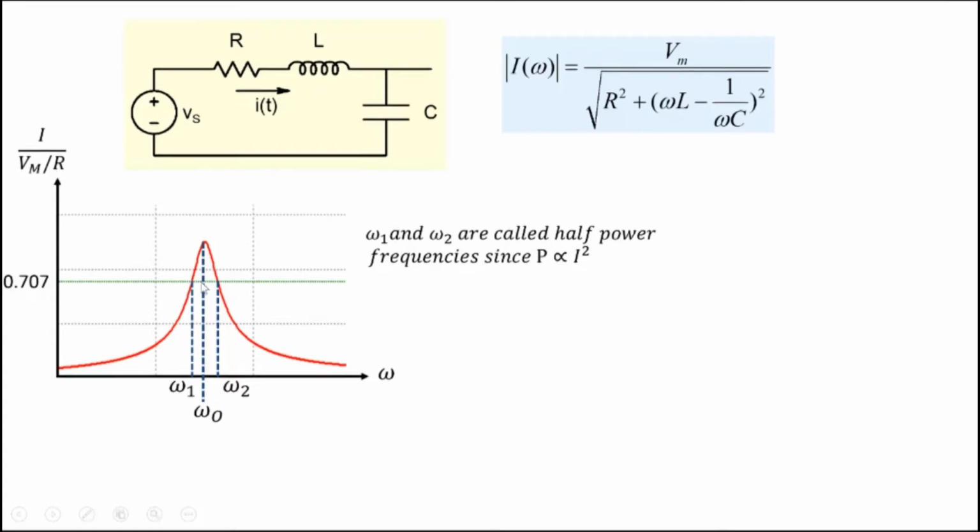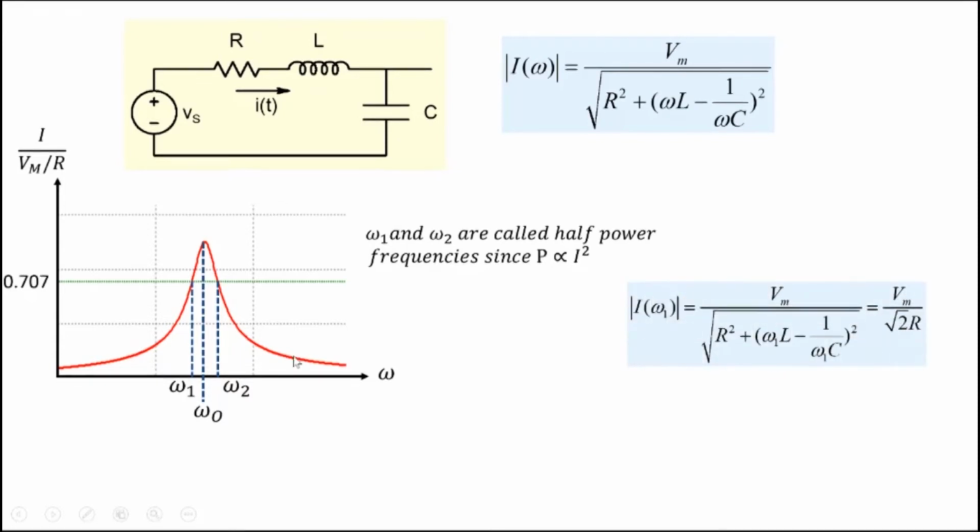So omega 1 and omega 2, the reason why we are looking at them is that this is a band pass filter, and effectively my filter is passing frequencies between omega 1 and omega 2. So omega 2 minus omega 1 is the bandwidth, and omega naught is the center frequency of my band pass filter.